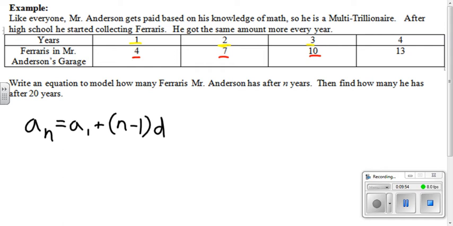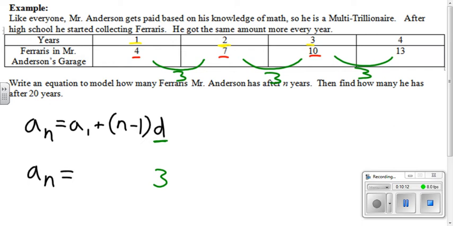Well, each time from 4 to 7, 7 to 10, 10 to 13, our common difference is 3. Mr. Anderson's getting 3 more Ferraris every year. So this piece becomes 3. I'll plug in a sub n equals our a sub 1, this term over here, is 4. He starts with 4 that first year.